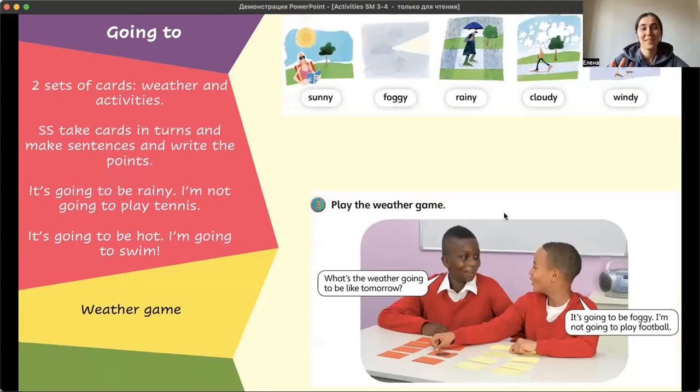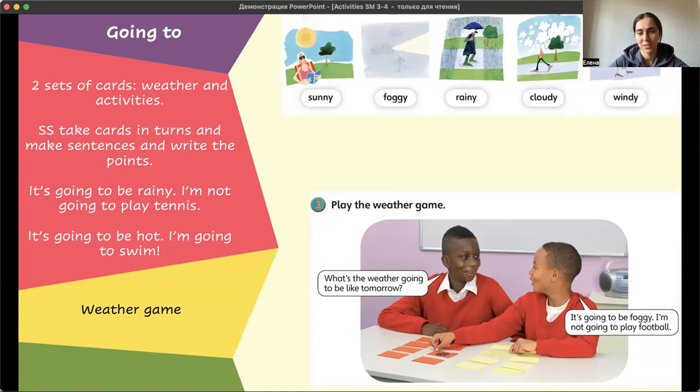Okay. So then the next construction is going to, and in our books it's connected with weather. So what I suggest, how we can drill this: we can play a weather game. Here you need 2 sets of cards with weather and with different activities.